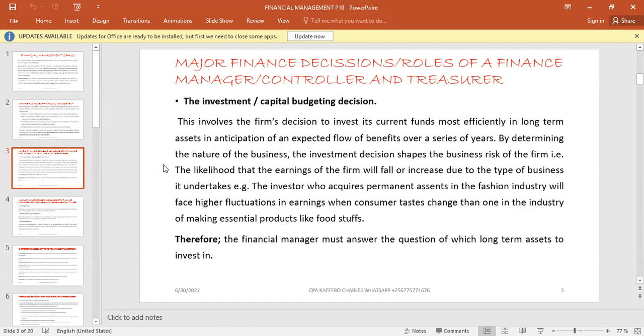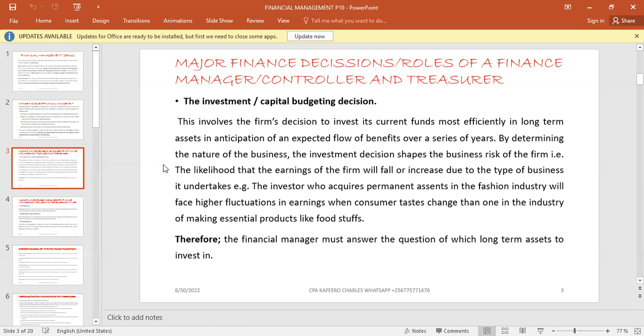One, we have to look at whether these long-term assets can provide us the maximum returns we want, if we commit our money into them. Secondly, we have to look at the timing of those returns. How are they going to come in? We put in the time value of money, and we see that if I put in 10 million now, how long will it take for it to give me back the returns in terms of the payback period?